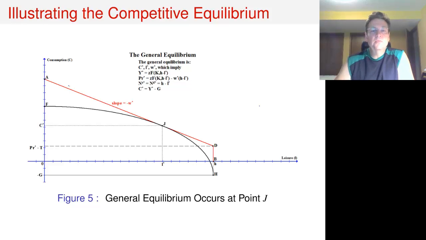Now to see this, we can start with this red line that is AJDB, and this is the consumer's budget constraint, BC.